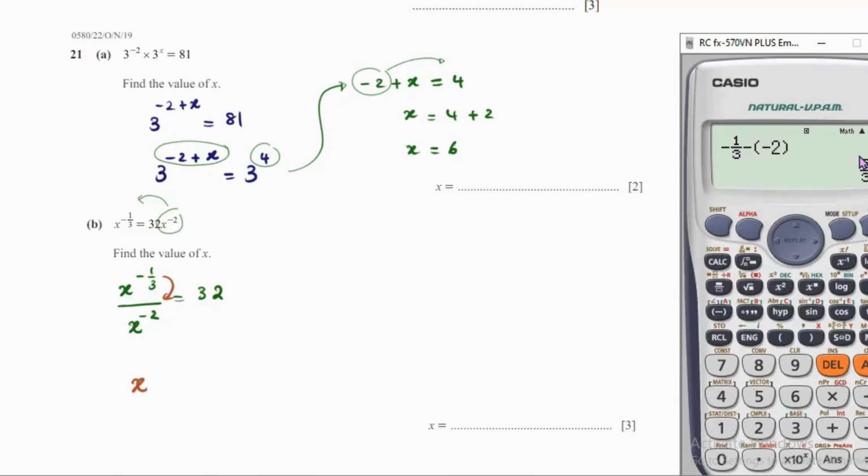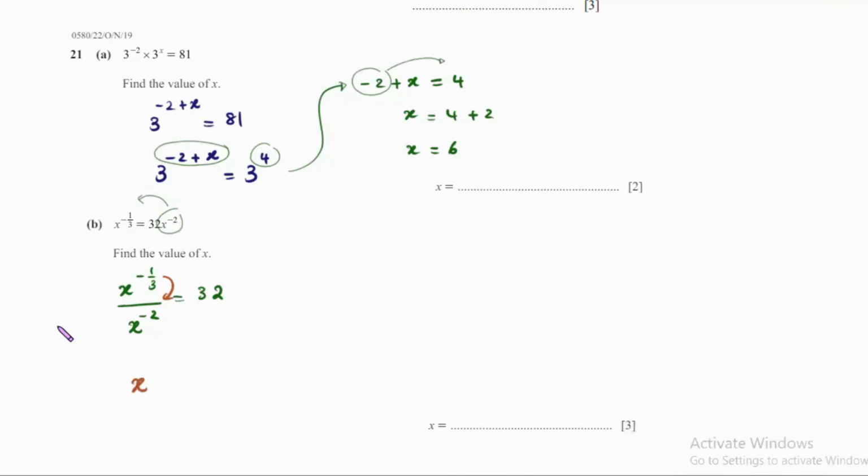When I do that, I get 5/3. So here we are subtracting the indices, so I get 5/3. This is equal to this 32 that we have here.